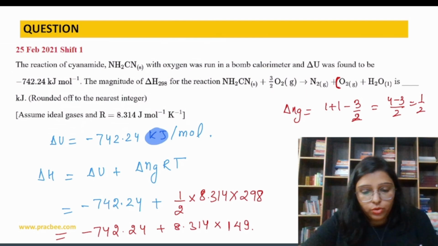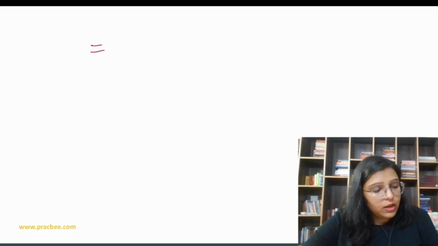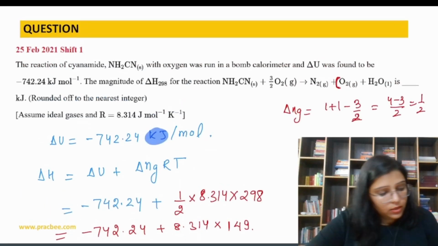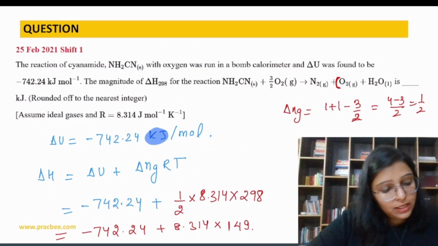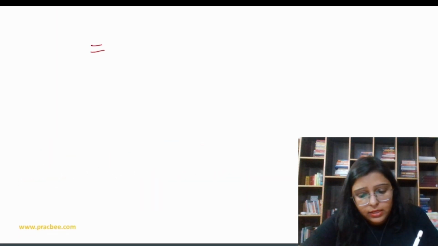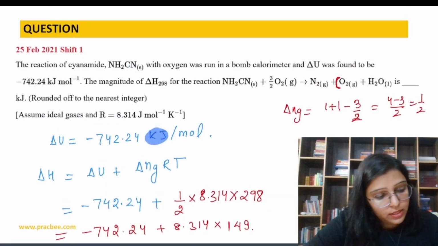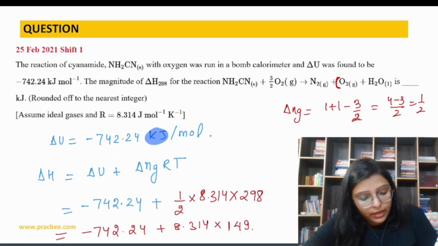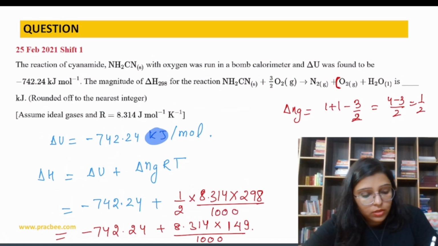On solving, that is 496.54. So we have minus 742 plus 8.314 into 149, and here we also have 1000, divided by 1000, because this is in joule.